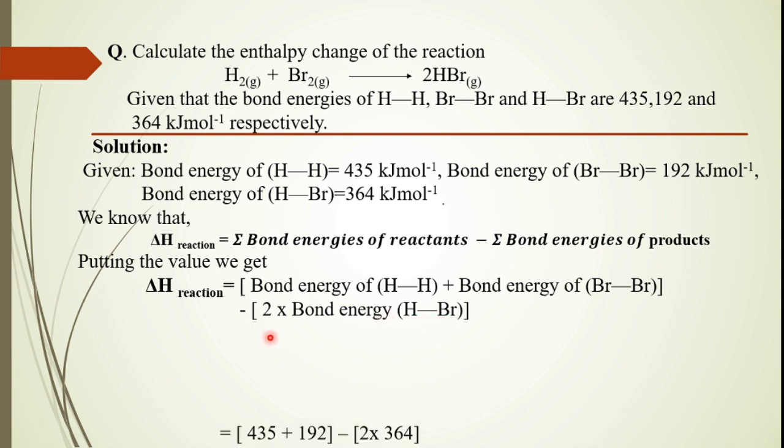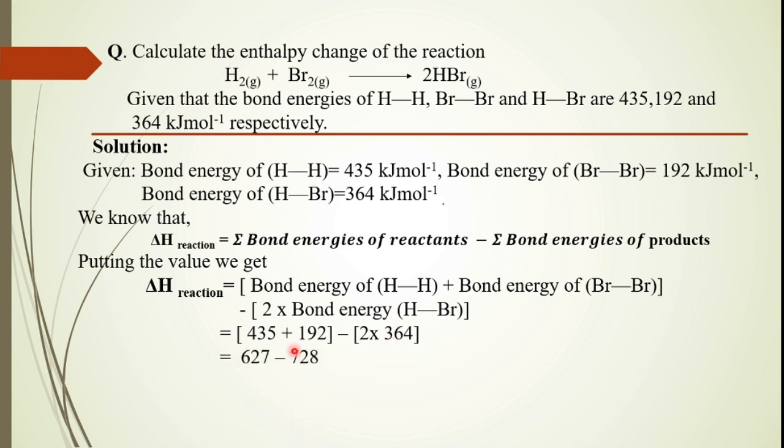So now putting the values. Bond energy of H-H is 435. Bond energy of Br-Br bond is 192, minus 2 into bond energy of H-Br bond, which is 364. Now calculating this, addition gives 627 minus 2 into 364, which is 728.